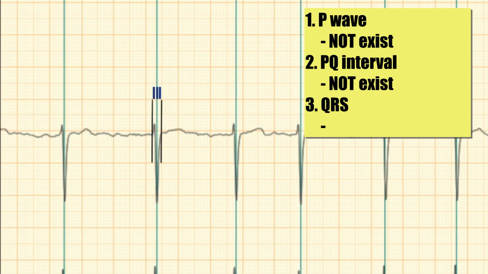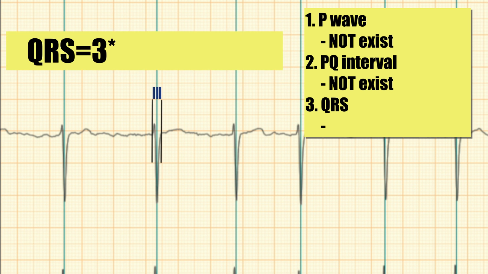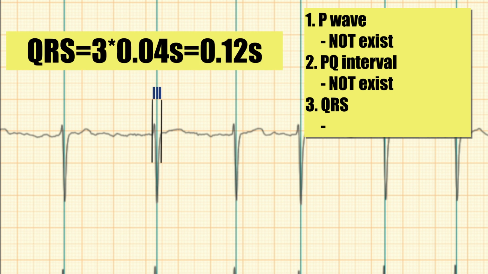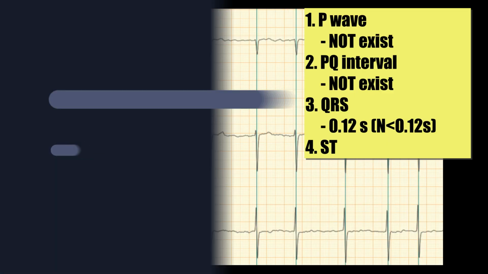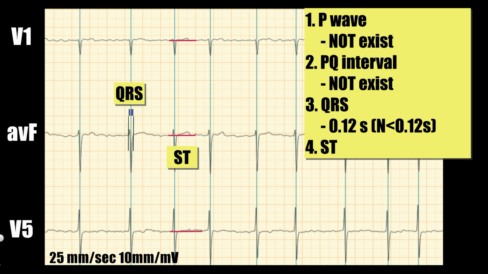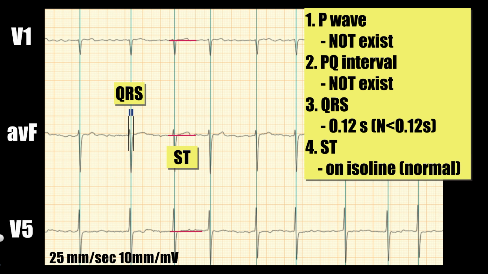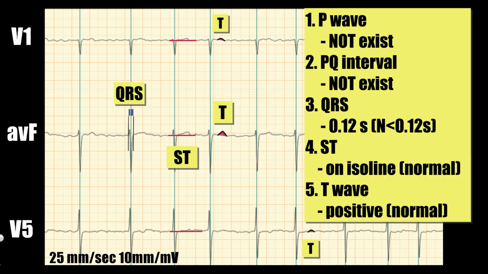QRS complex is equal to 3 small boxes or 120 milliseconds, which is an upper limit of the normal range. That requires the 12-lead ECG to exclude left or right bundle branch block. ST segments are on isoline, this is normal. T waves are positive, which is also normal.